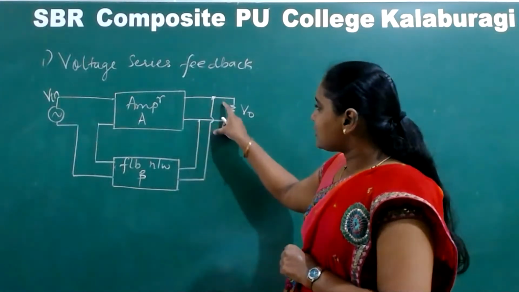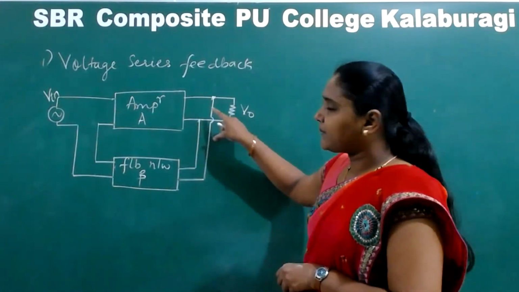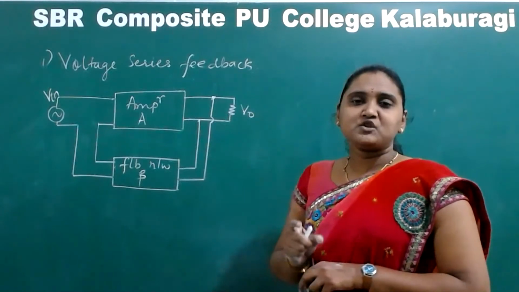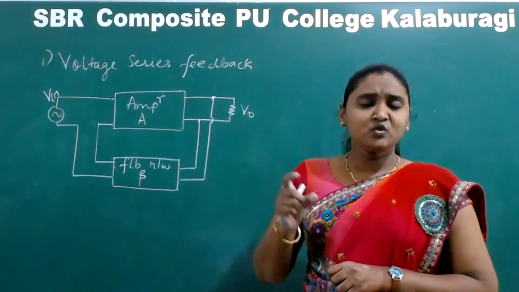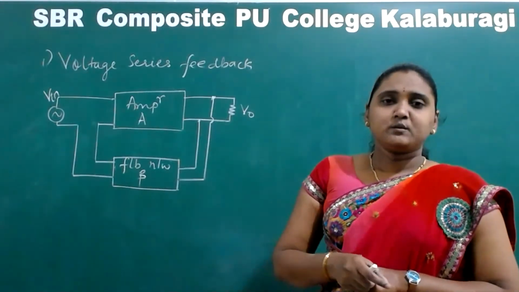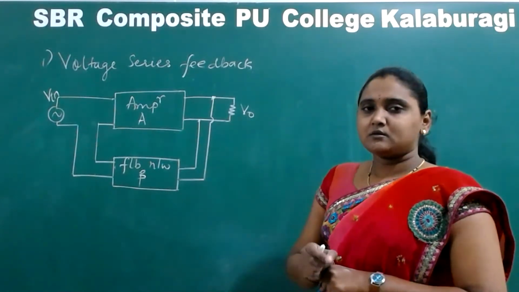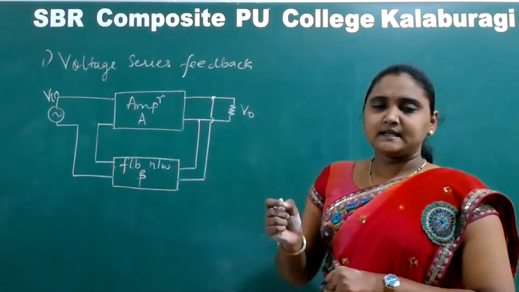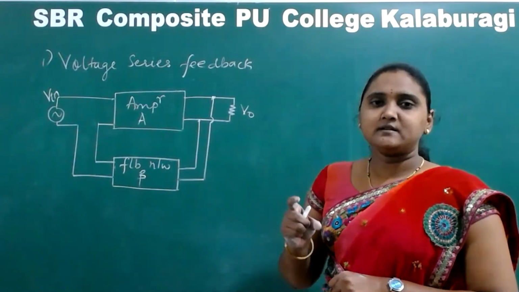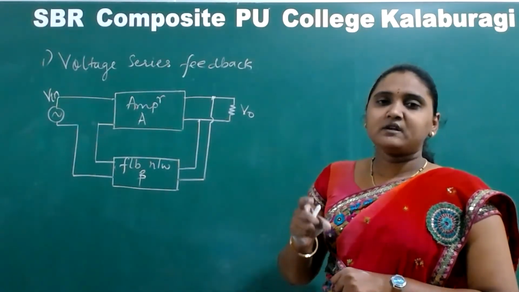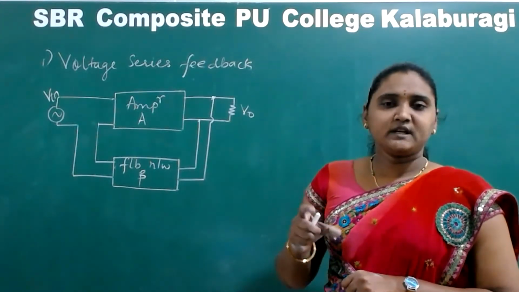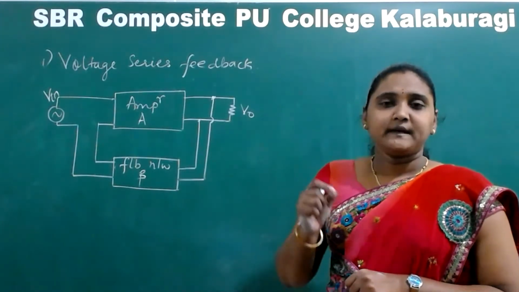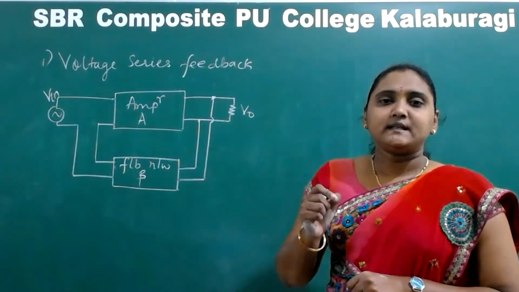Because voltage is normally measured in the form of a parallel connection. If you measure a voltage, you have already performed so many practicals in your first year syllabus, such as Ohm's law and KCL, where you have used meters. Whenever you are measuring a voltage, you connect the meter in parallel, whereas for current, you connect it in series.